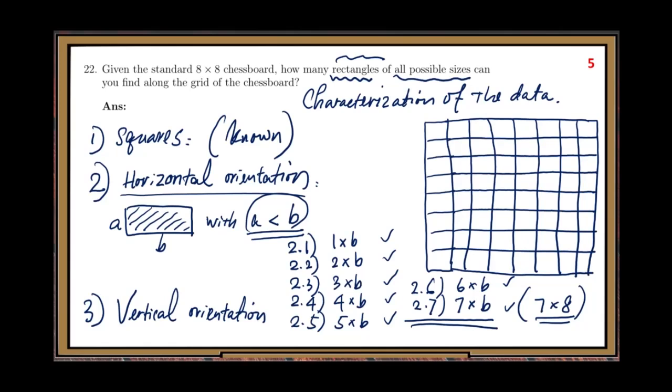Then for the number of vertical rectangles, you do not need to recalculate, because by symmetry you just use the same number.